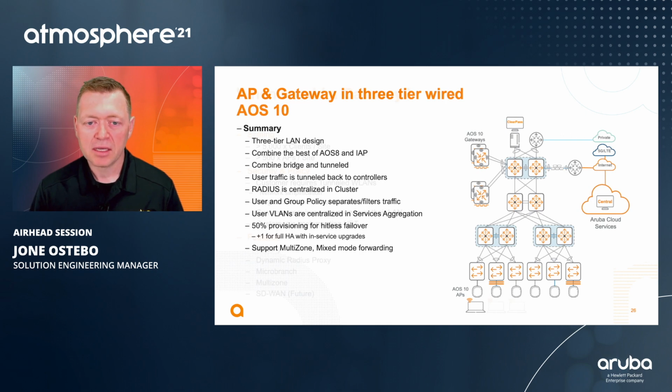In AOS 10, you can combine your two-tier architecture and your three-tier LAN design as well. So you might actually choose to have one SSID that is bridged locally like we did in the previous slide. By doing that, we are bridging, we call it contractor, it's being bridged to the local switch and flows through the network based on the routing that you have in your network.